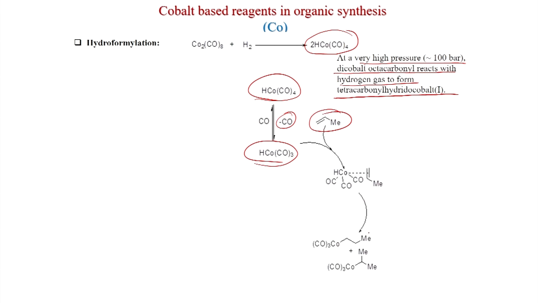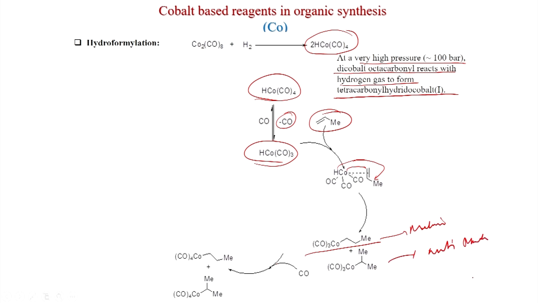So, what happens here? The H also reacts and CO also reacts. If CO reacts here and hydrogen reacts here, that is the Markovnikov product, and this is the anti-Markovnikov product. Again one carbon monoxide comes, so the cobalt coordinates with 4 carbon monoxide and this is formed, and now the insertion will happen.